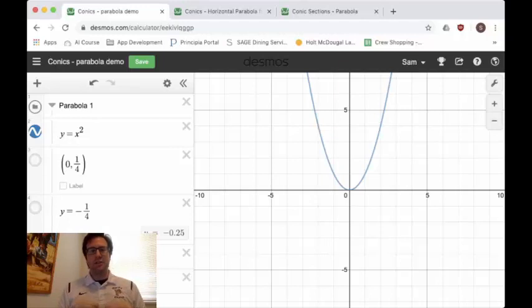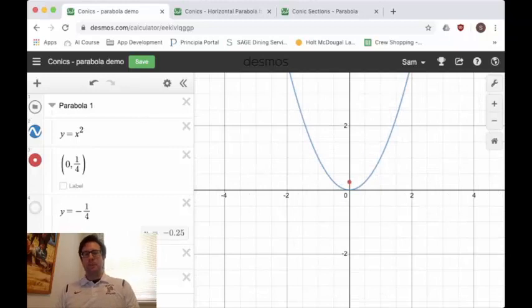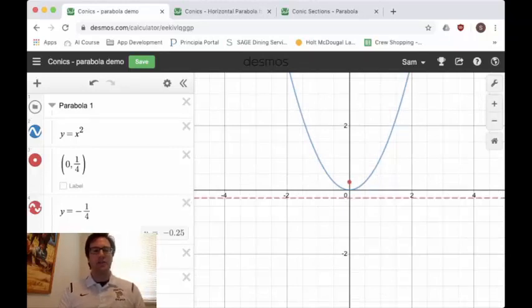Okay, this parabola has a focus at the point 0, 1/4. And I'm going to zoom in here a little bit. Okay, and it has an imaginary line called the directrix at y equals -1/4. The focus and the directrix have some kind of cool properties associated with them.